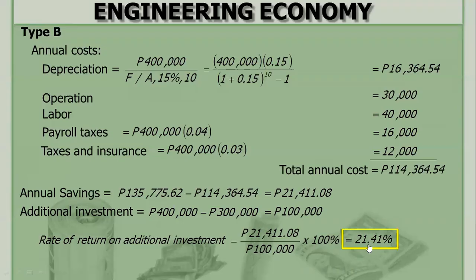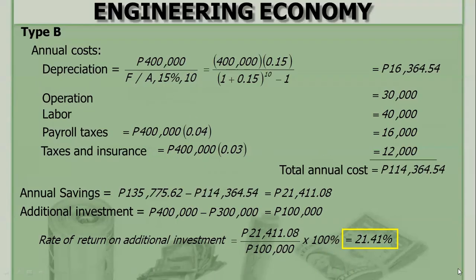The ROR is 21.41. Now, the required ROR is 15%, and the computed ROR is 21. Therefore, you will choose type B.